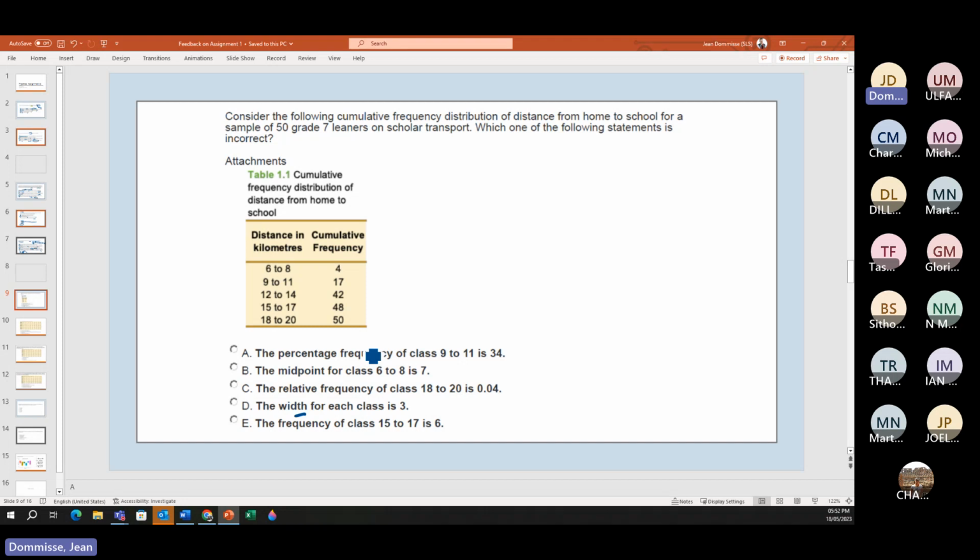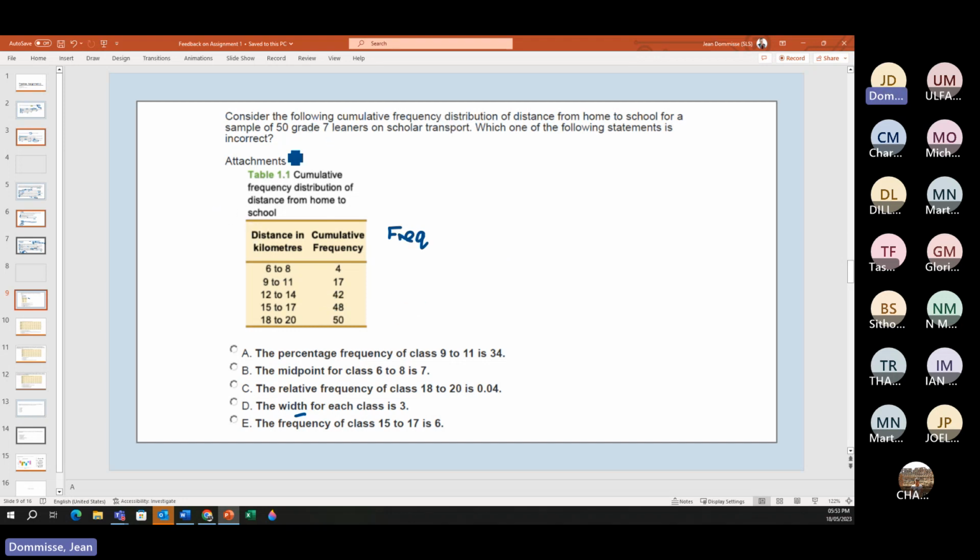Okay, so let's look at what they give us. They tell us this table is already cumulative. So things that are missing here are obviously frequency, might be relative frequency, but let's look at what they want to ask us out of this.